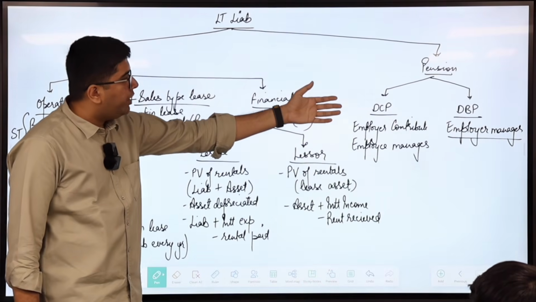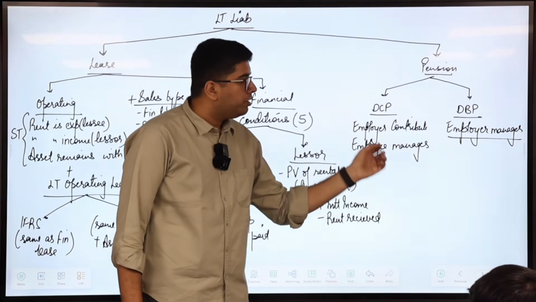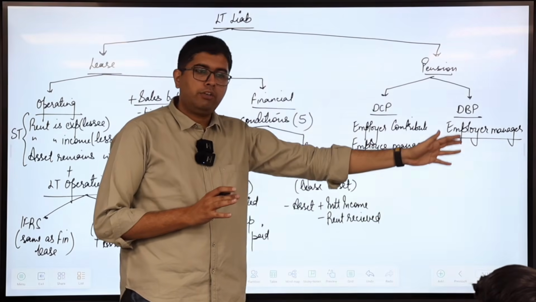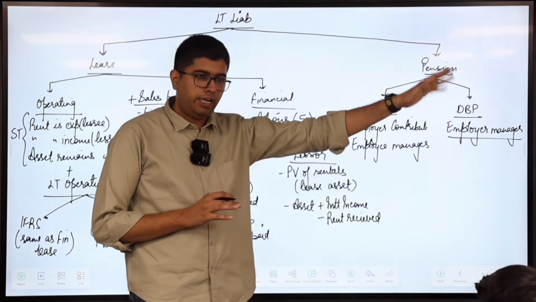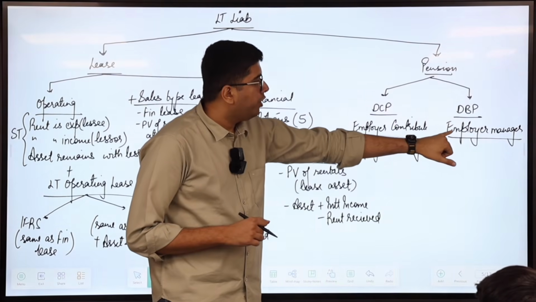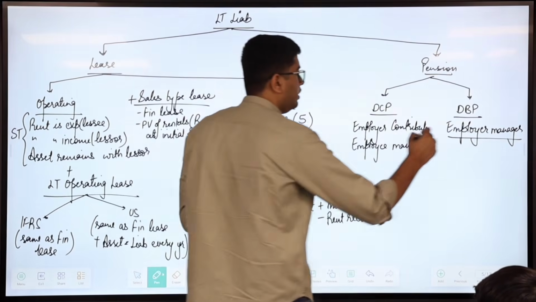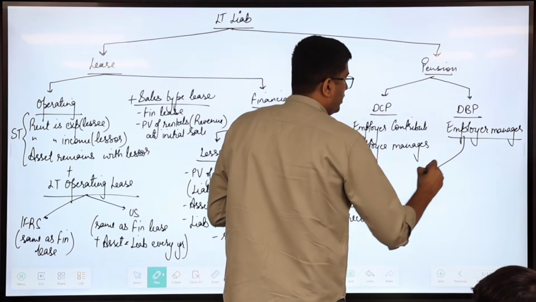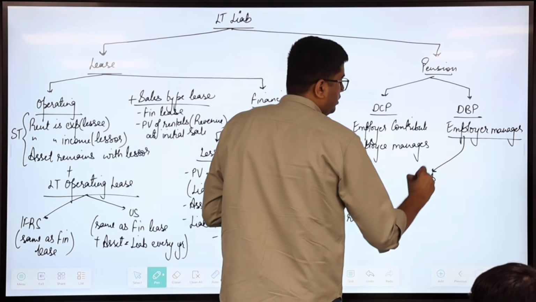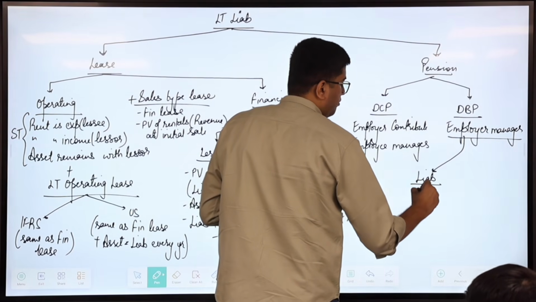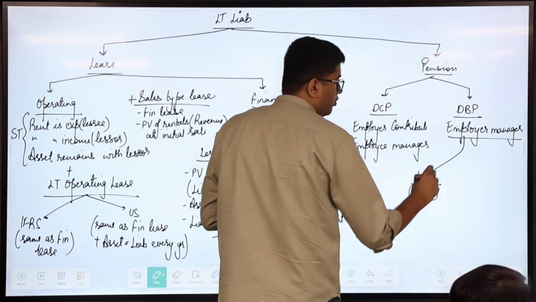In defined benefit plan, because the employer is taking responsibility for payments which would be made all the way after retirement till death, here the employer is taking a future obligation. For that reason, this will create a liability. This liability is called projected benefit obligation, PBO.